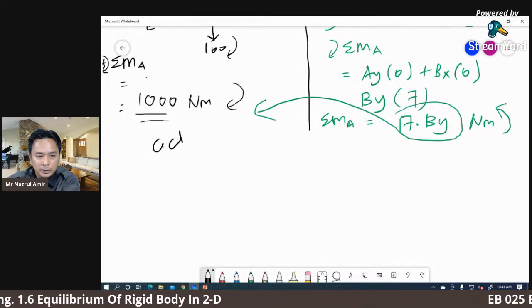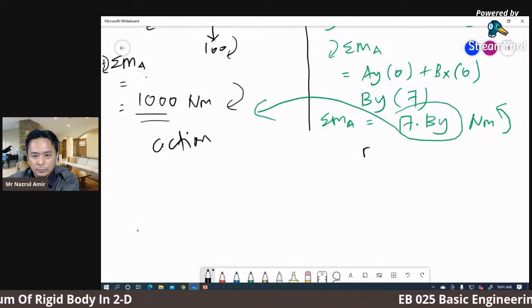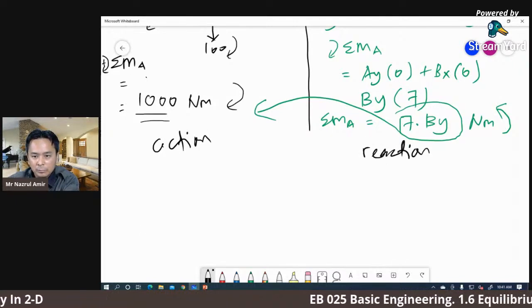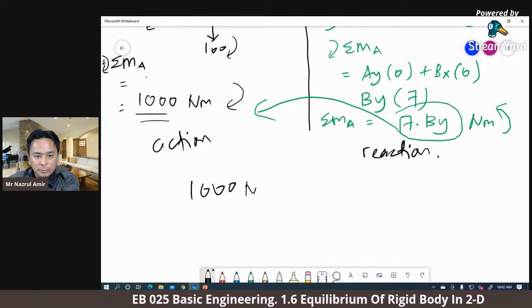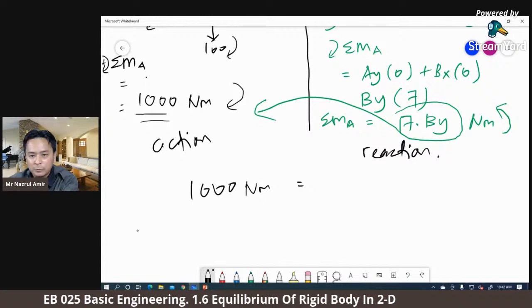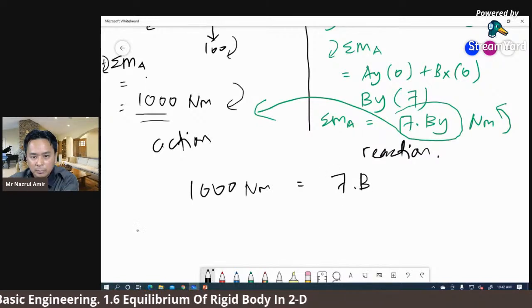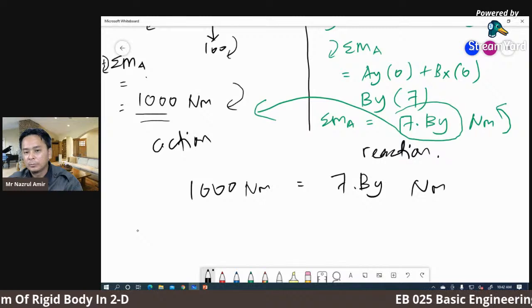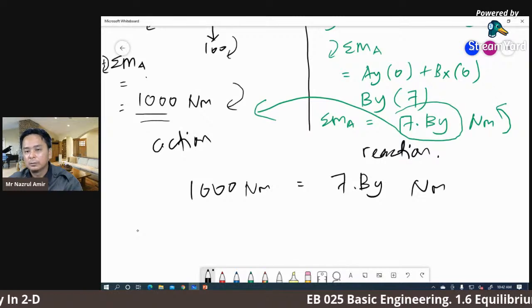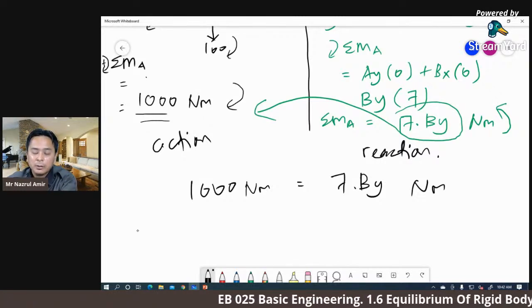I repeat, this is action, this is reaction. So 1000 Newton meter must equal 7 By Newton meter, so that the equilibrium of the rigid body can be achieved. This is what is happening to the rigid body.